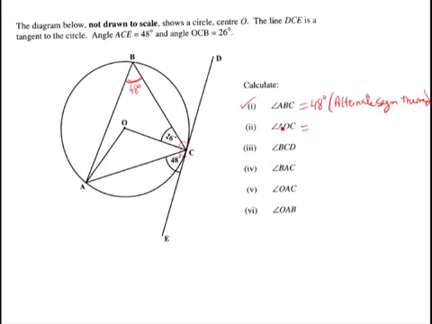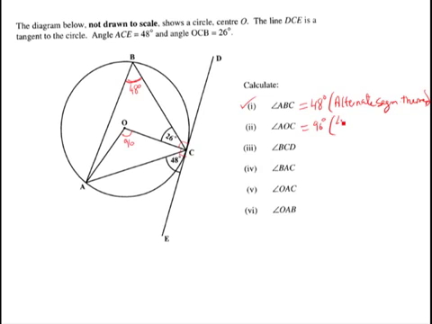Angle AOC. So angle A to O to C. So this angle here. Now we notice that angle B has both legs standing on AC, and angle O at the center has both legs standing on the same AC. So angle at the center is twice angle at circumference. This angle should be 96, twice angle ABC, in other words. So it should be 96 degrees. What's the reason?